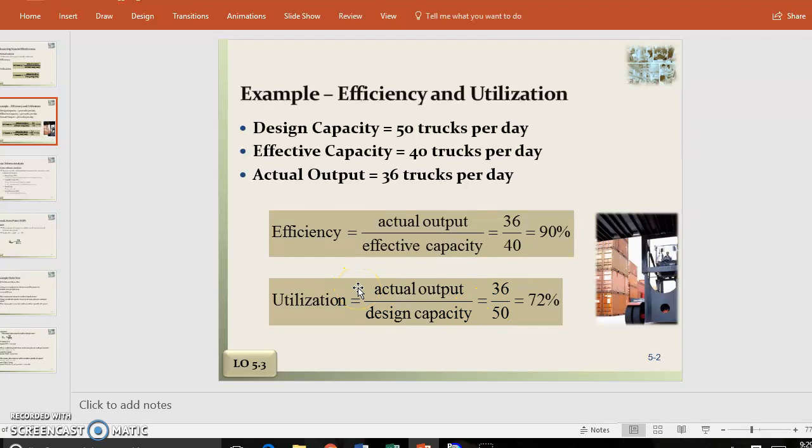Our utilization, our actual output divided by our design capacity, what the system is designed for, or 50 trucks per day, and we multiply by 100% and we get 72%. As you can see, our utilization is always going to be lower than our efficiency, but both of these benchmarks, which can vary from one system to another, provide us an understanding of how we're doing from one set of activities to another.